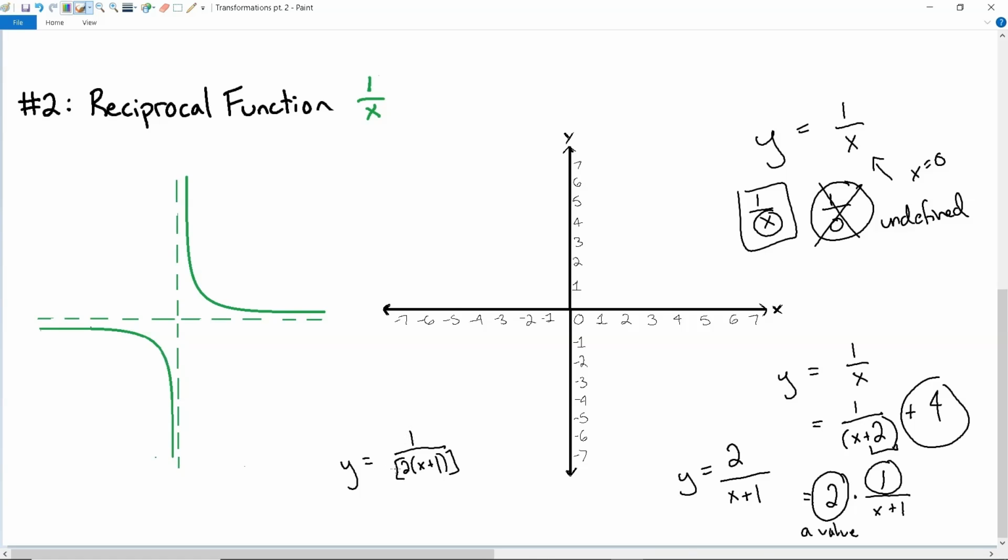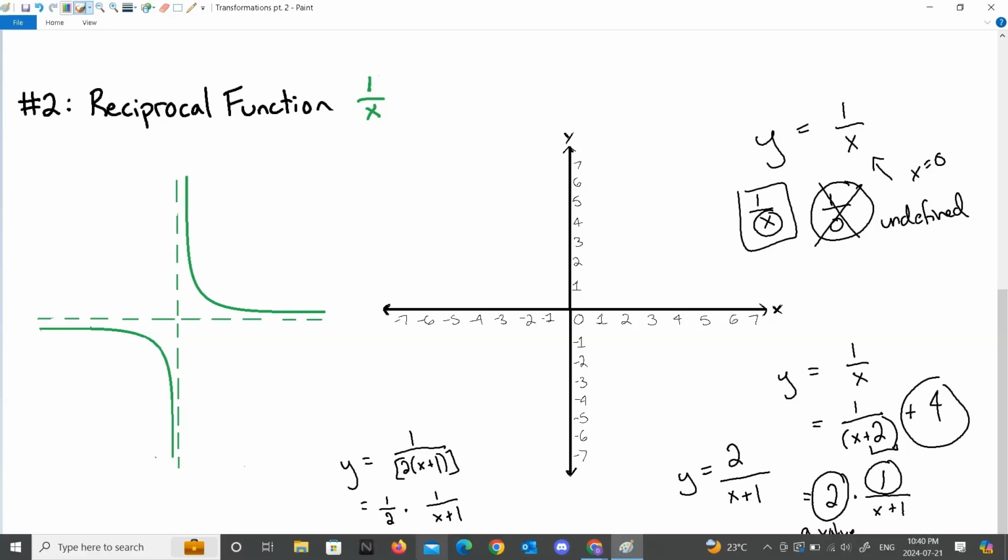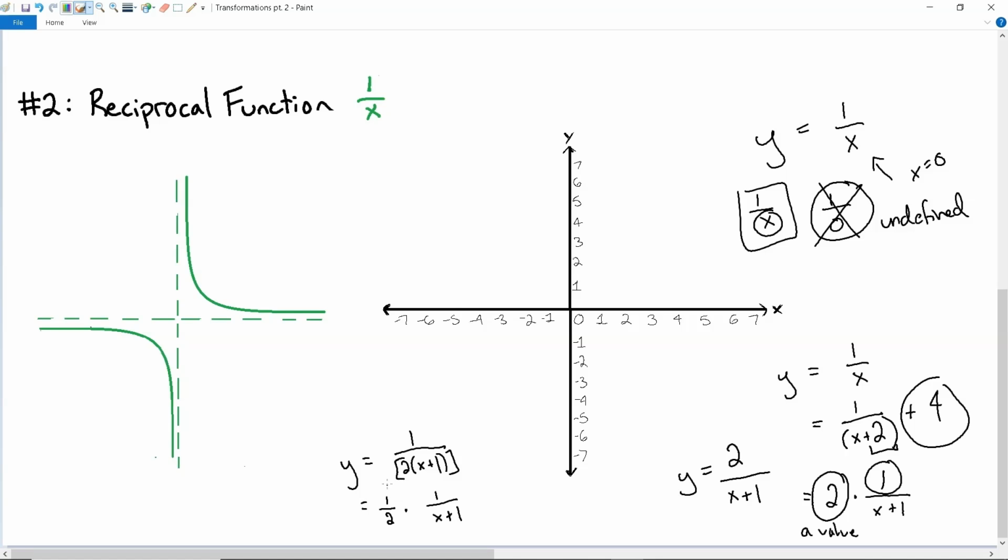Because if you think about it, I could pull out the 2 from the bottom here and simply represent this as an a value of 1 over 2. So it's uncommon, but it is possible to see a b value for reciprocal functions.